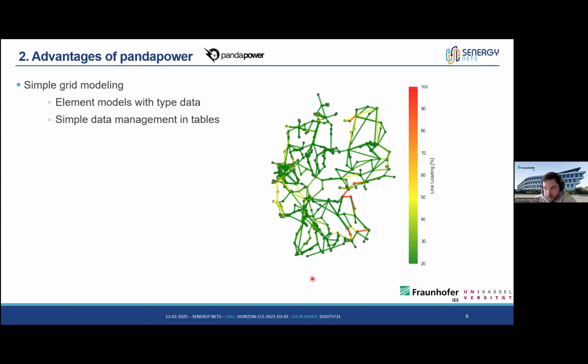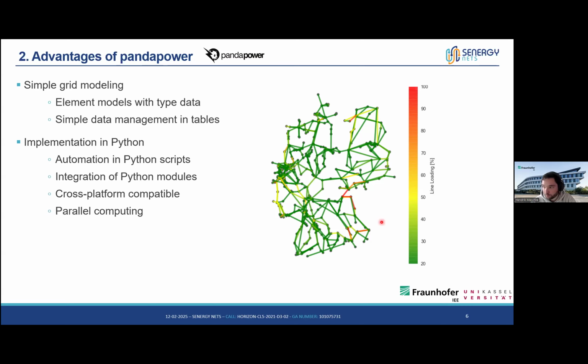So you have a very simple data management, and each of the elements, for example, buses and lines or transformers, are represented in these tables, and also the results are managed in the tabular format. On the right-hand side here, for example, you can see the line loading for this small example. So the results are also stored in these data frame tables.